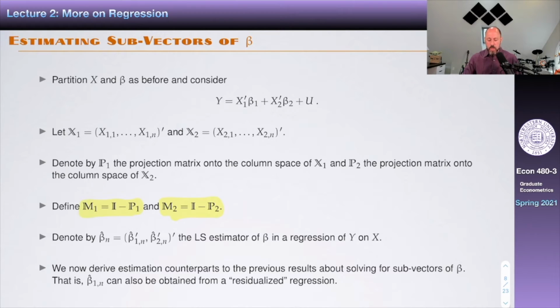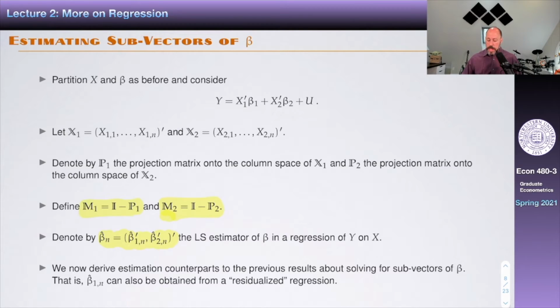In the case of M1, it's just the residual from a regression onto x1, and M2 is going to give us the residuals from a regression onto x2. And we're going to let beta hat n be the least squares estimator from this regression here at the top. So these are the betas that we obtain if we just run y on x1 and x2 by least squares.